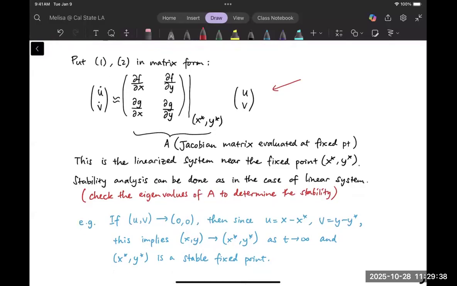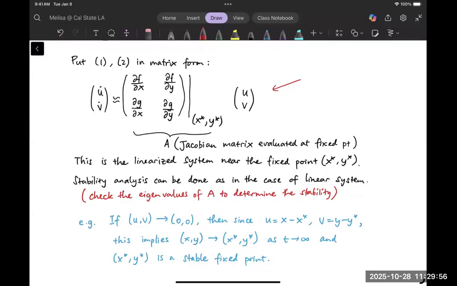Yeah, so as an example here, remember in the linear system, your fixed point is 0, 0. And say that one turns out to be a stable equilibrium. That means that u, phi approaches 0, 0 as t goes to infinity.